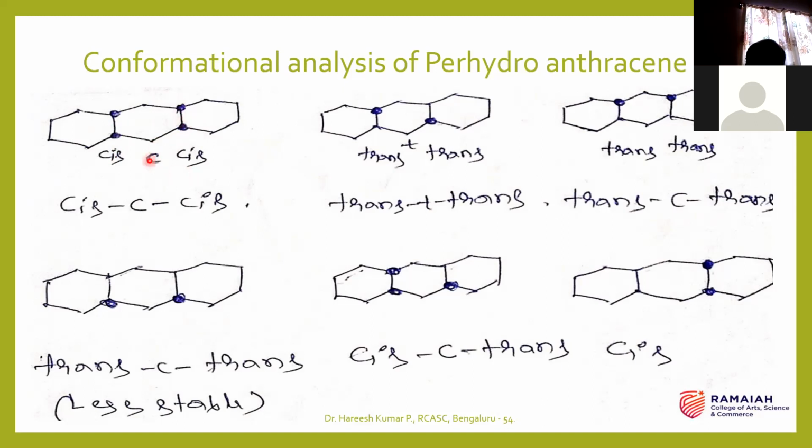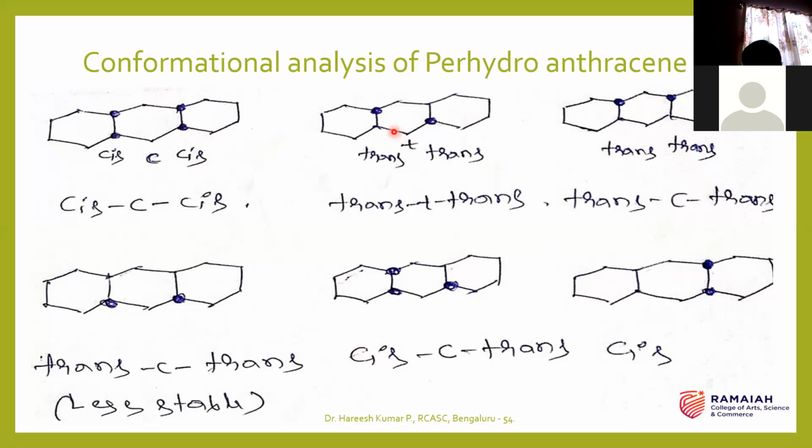This is called cissoid. Cissoid means here also cis, here also cis, so this will be cissoid only. So the stereochemistry of this group is called cissoid, cis. So you can represent it as cis, cissoid, cis.